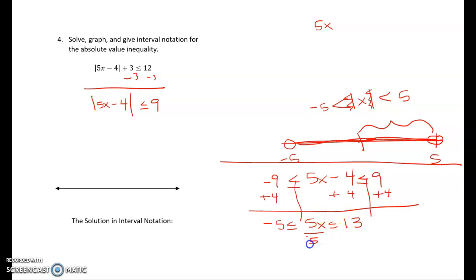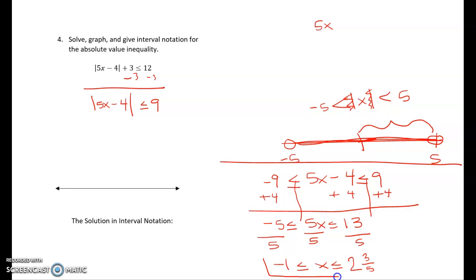Now we divide by 5 on each side, every single term. And we end up with -1 less than or equal to x less than or equal to 13/5. If that's hard to deal with, you can always make that a decimal, or you can make it into a mixed number, so 2 3/5.